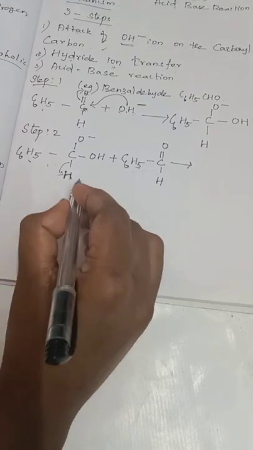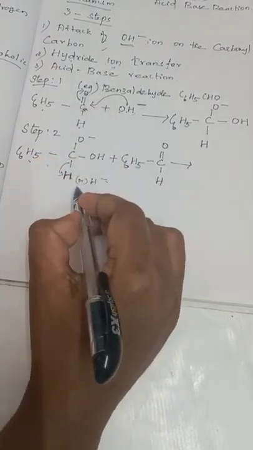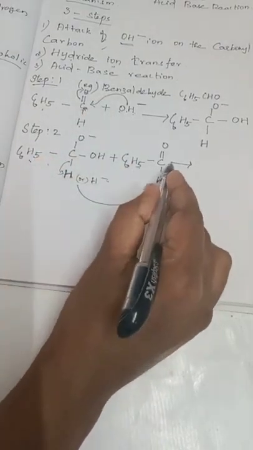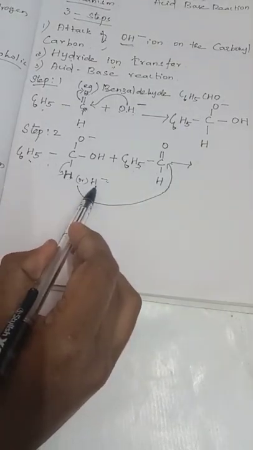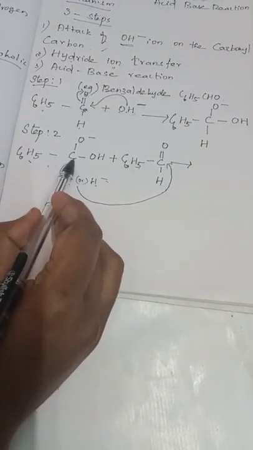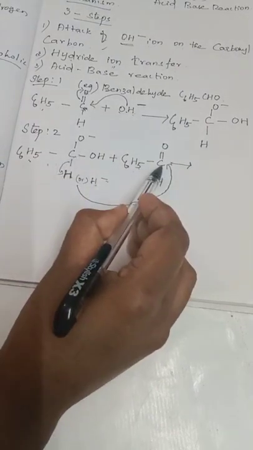This hydrogen becomes H minus, which is called a hydride ion. This hydride ion will transfer from one carbon center to another carbon center.